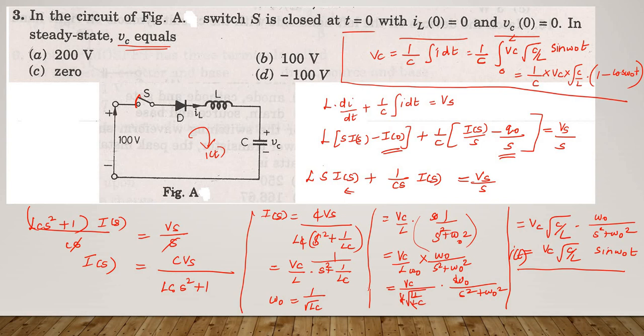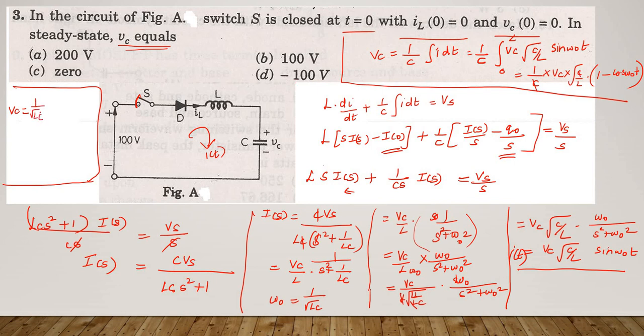In the previous video, I explained the same derivation in a detailed manner. I have given that in the description link. Here C gets cancelled.